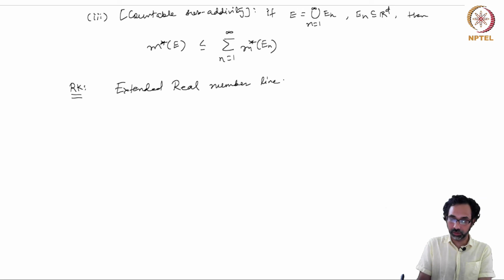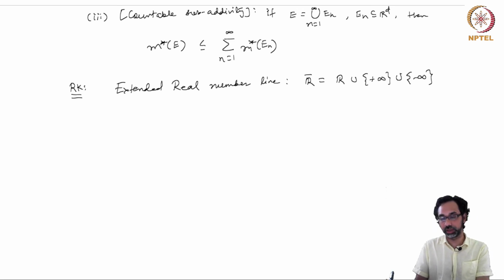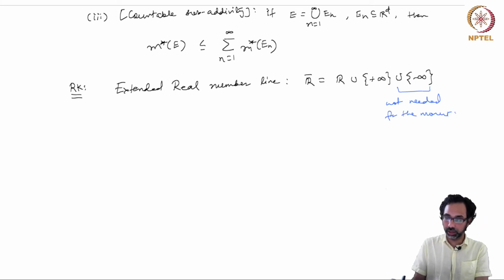This is usually denoted R bar, and it is R union two points, plus infinity and minus infinity. Since we are only dealing with positive numbers, for the moment we don't need minus infinity. We only need to worry about arithmetic operations involving the symbol plus infinity.